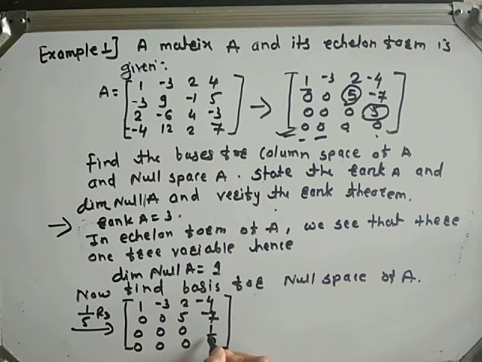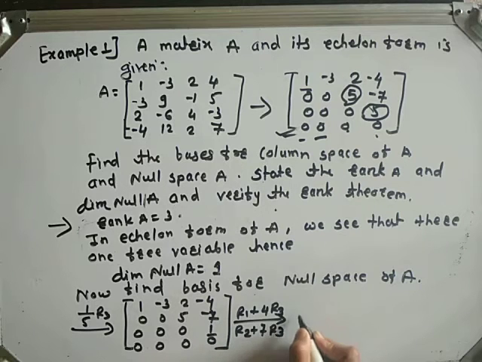In this column, this one is a leading entry. Therefore here we require 0, so we perform the row operations R1 plus 4 into R3 and R2 plus 7 into R3.